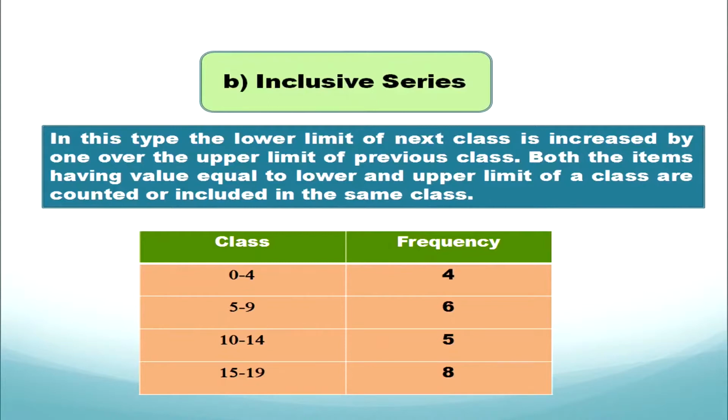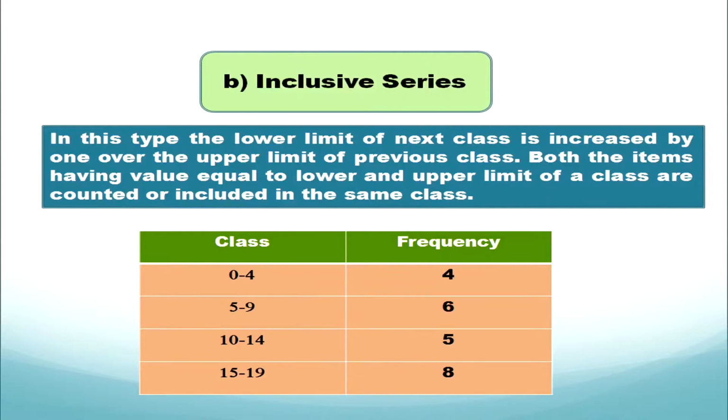Both the lower limit and the upper limit are included in the class to make a tally chart. Now, the third thing, over here also the class interval gap remains the same, as you can see, 0 to 4. We have added 1 to the upper limit of the previous class to make the next lower limit. 4 plus 1 becomes 5.